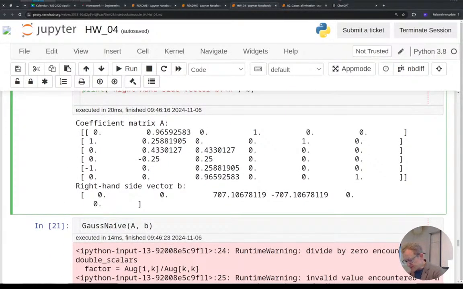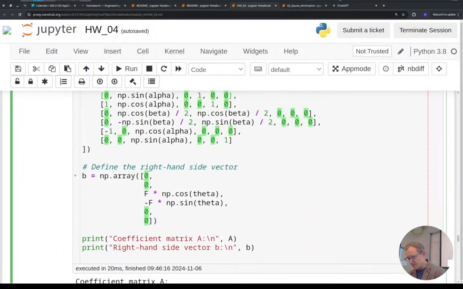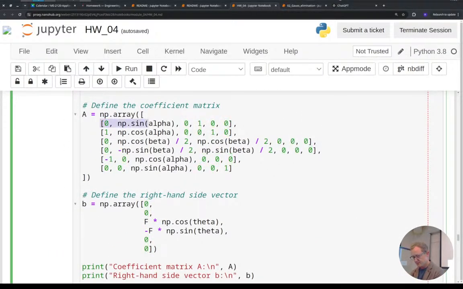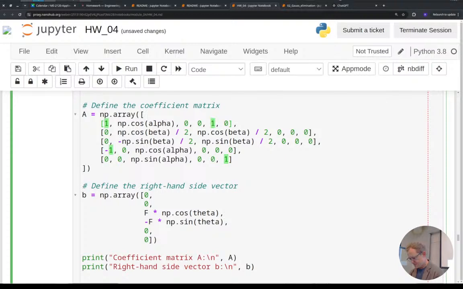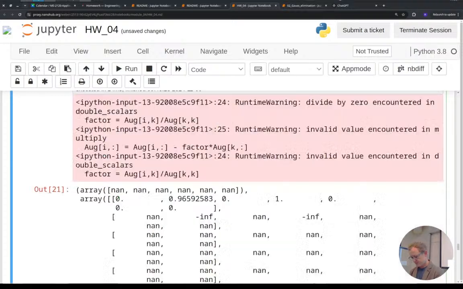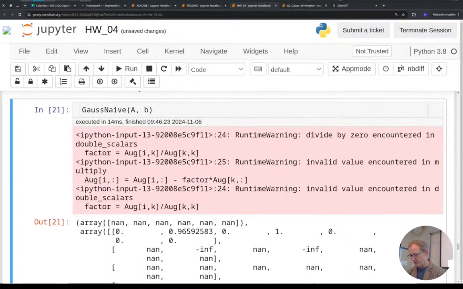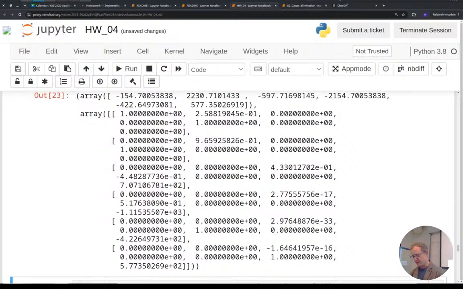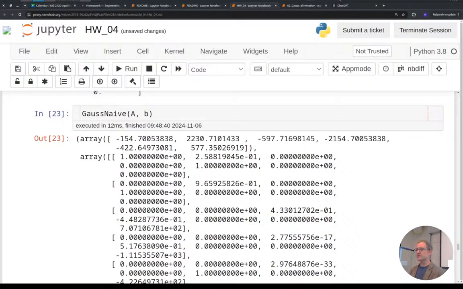But again, there's no reason that that has to be our first equation. This doesn't have to be equation 1. I could say, no, you've been demoted. You're now equation 2 because you're giving me issues. And now when I run that same command, Gauss naive, I get a bunch of outputs and my augmented matrix looks pretty reasonable.